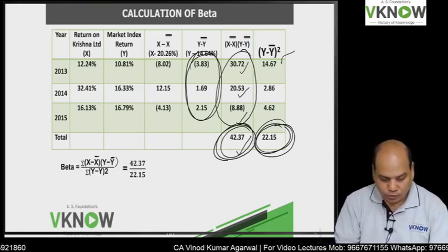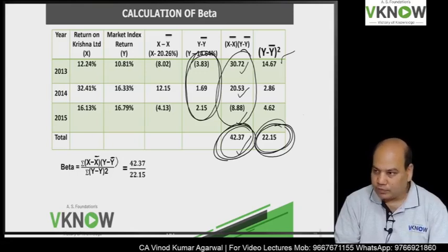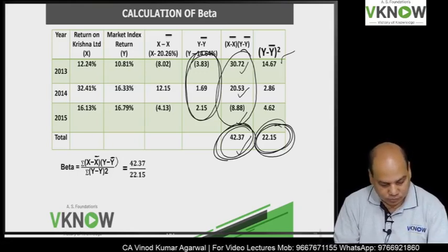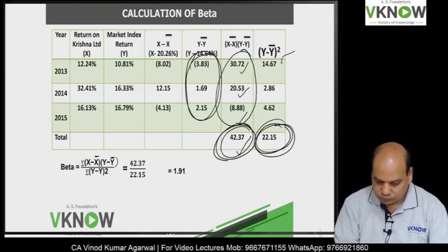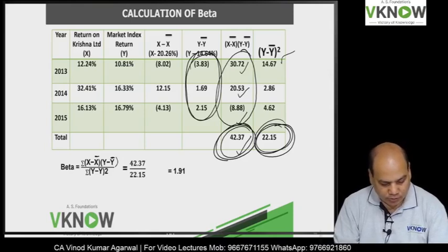So that is 42.37 divided by 22.15. 1.913. Okay, 1.913 seems to be right.